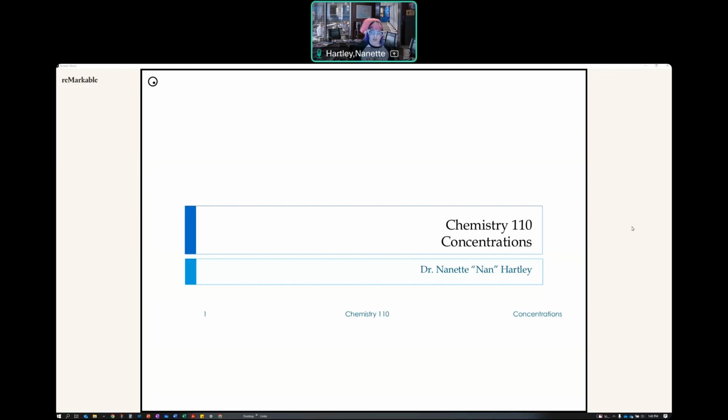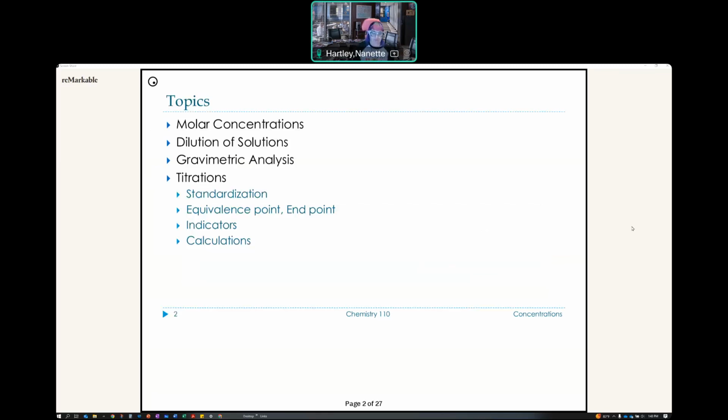So we're going to talk about concentrations. Concentrations are an important part of what we have to do, and we've seen some of this already. We've talked a little bit about molarity, so we'll need to talk about molar concentrations. Molar concentrations are our most common way of dealing with concentrations. That's moles per liter, and we'll talk more about that.